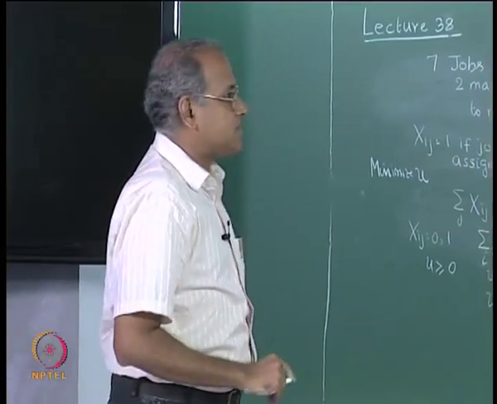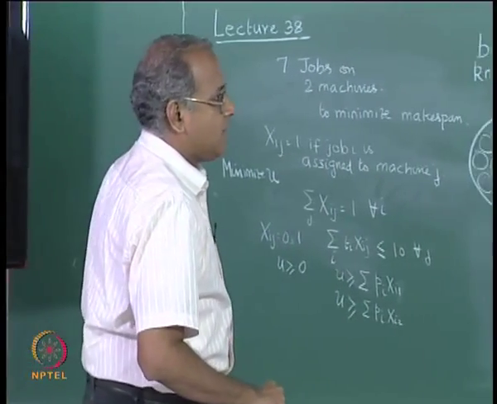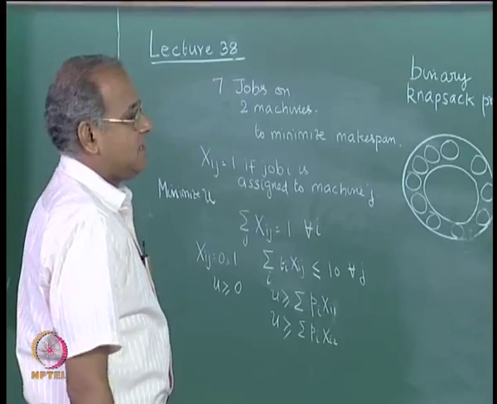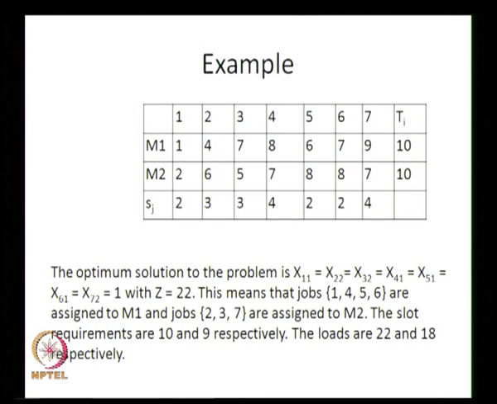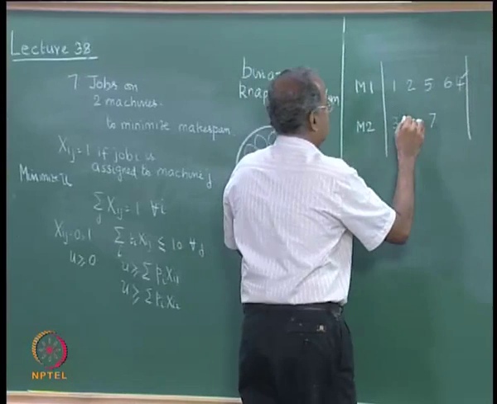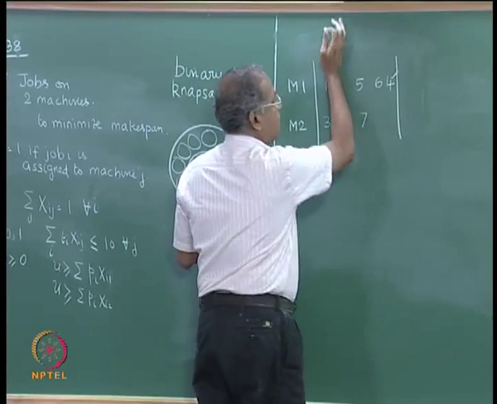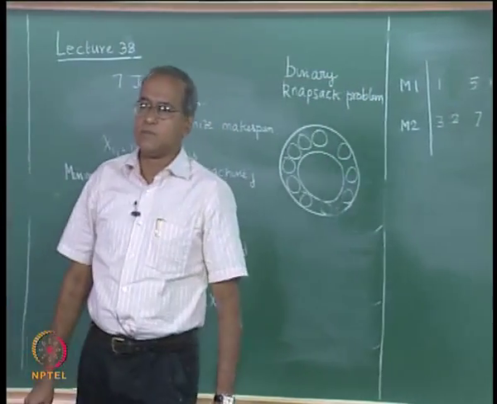So, we look at jobs that have 3 tool requirement. Job 2 has tool requirement of 3. In fact, job 2 is the only one that has tool requirement of 3. So, if we shift it, then we shift by 2 units. So, 2, 3, 7 will come here, 1, 4, 5, 6 will go here.